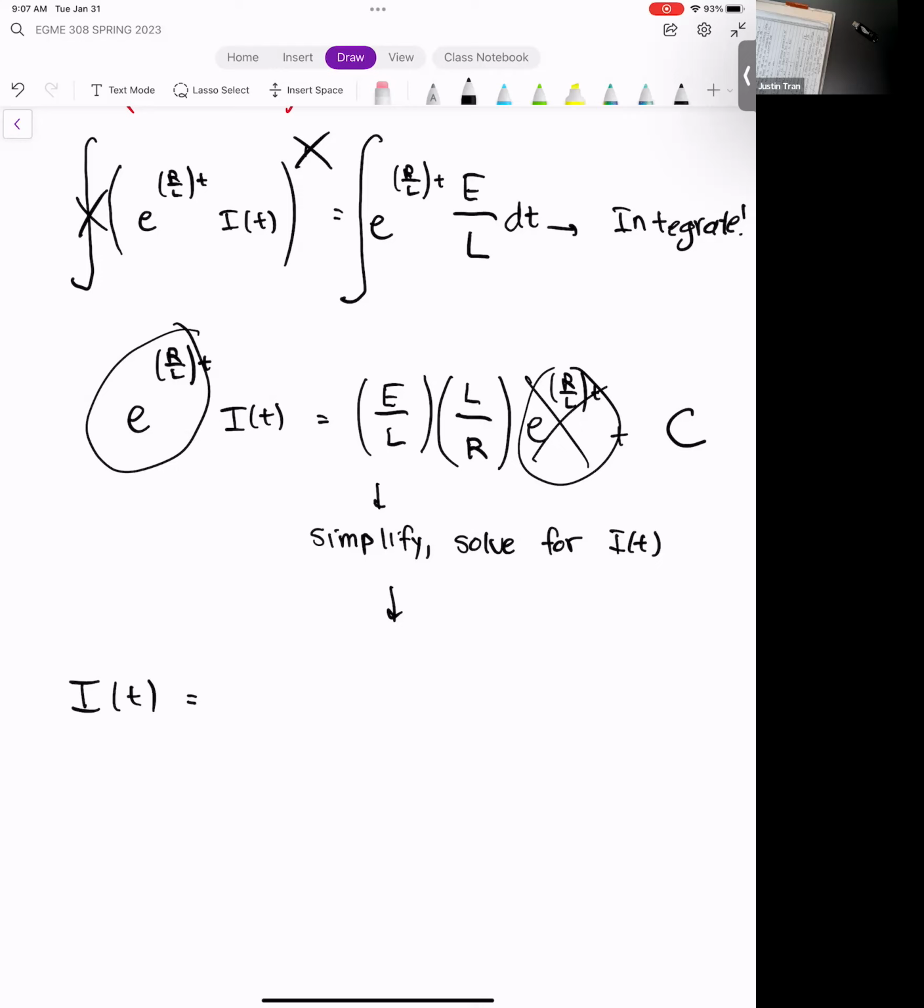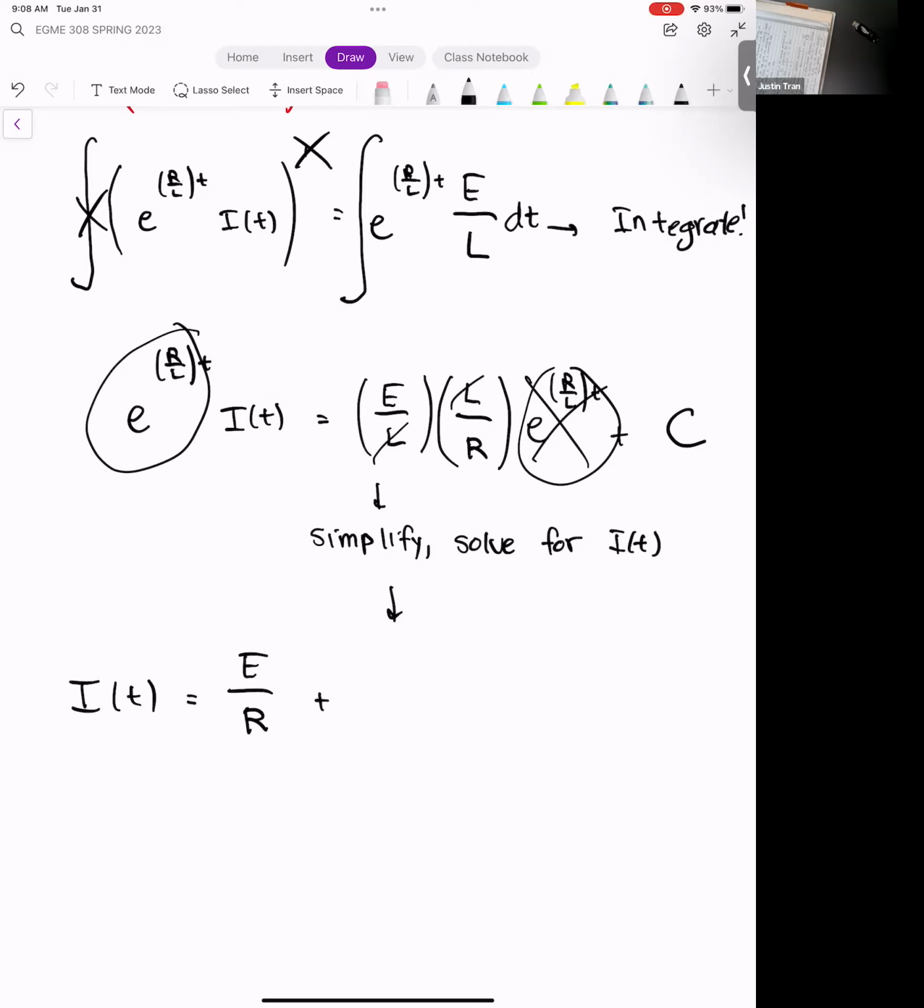And of course these L's are going to cancel out too. That first term is just going to be E over R. And then for that second term, we have C divided by e to the R over L t.